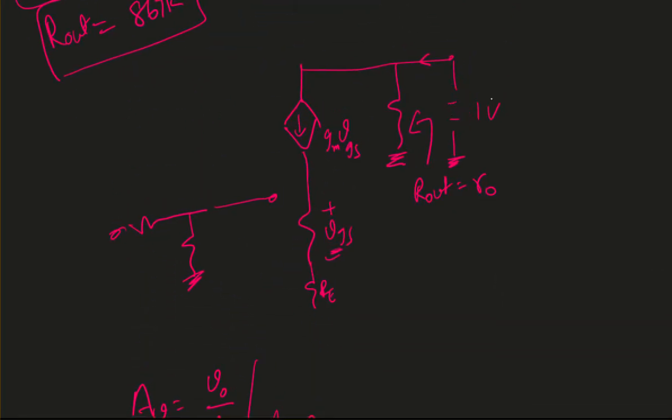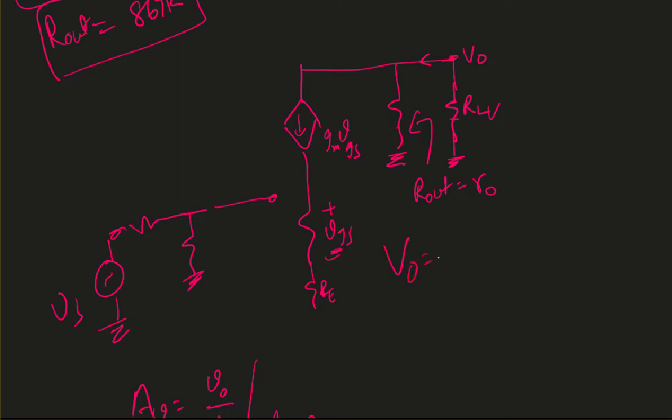If I have RL there, these two resistors are in parallel, and my goal is finding V0 when an input is connected here. Since the input is there, there should be VGS. Now these two are in parallel.